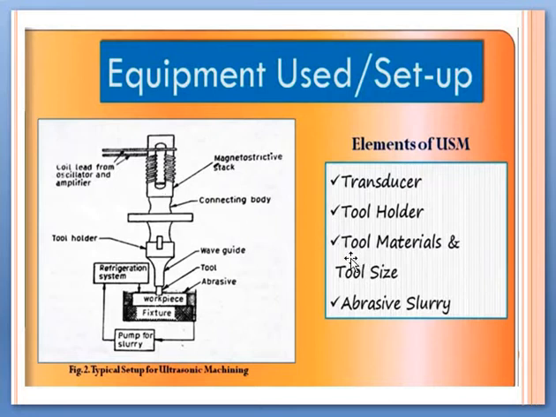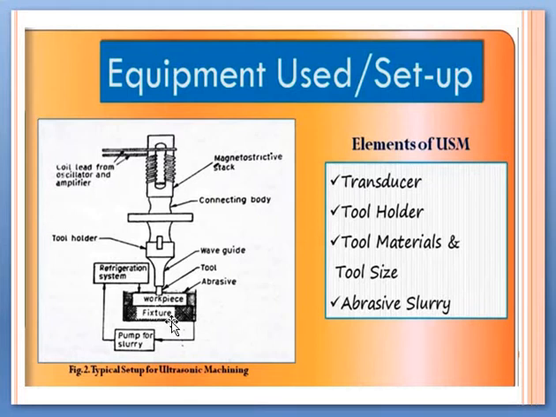Then tool material and tool size, which will be decided depending upon the material of the workpiece. And last one, the abrasive slurry, because the tool is not removing the material from the workpiece.